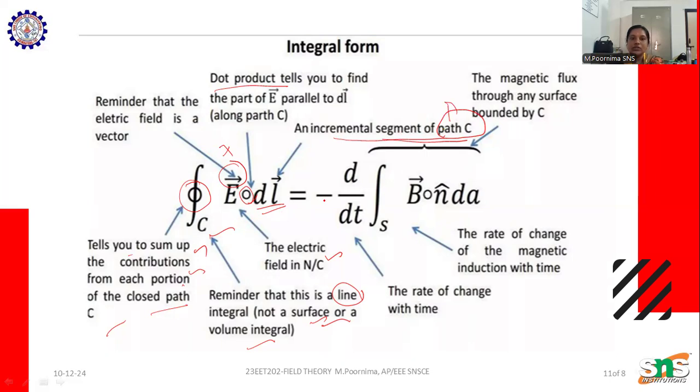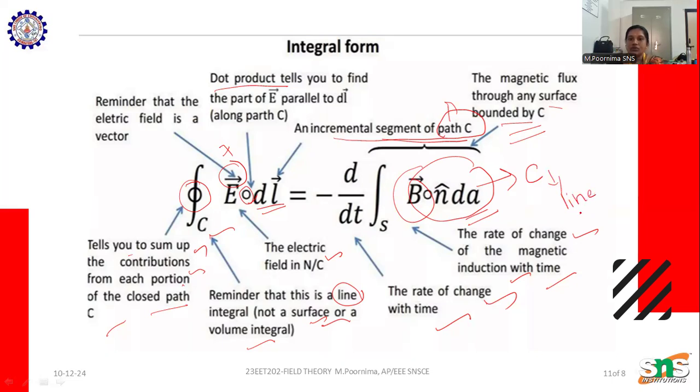It is equal to minus d by dt, the rate of change with respect to time, of the magnetic flux through any closed surface bounded by C, that is the line. Okay, this is the integral form.